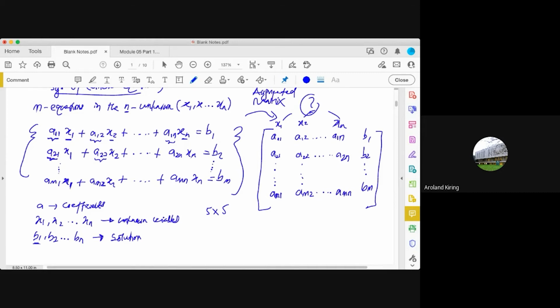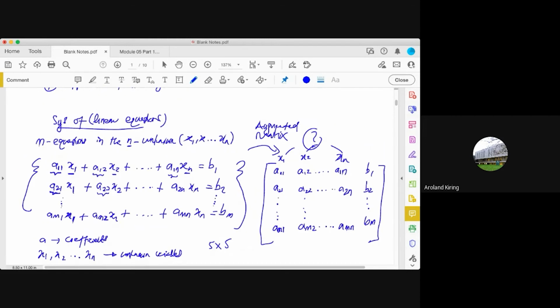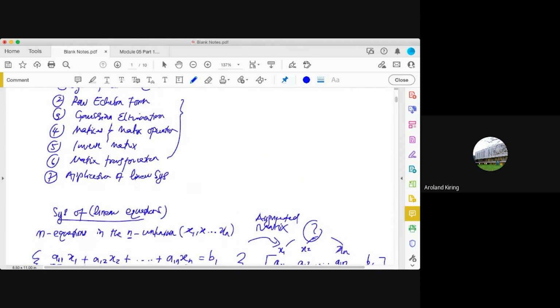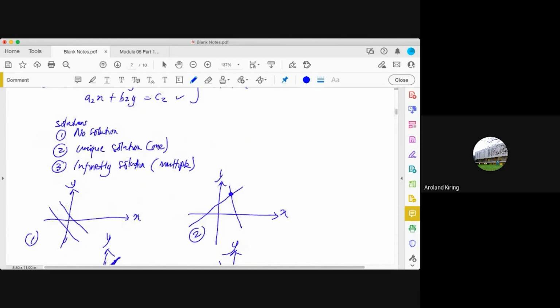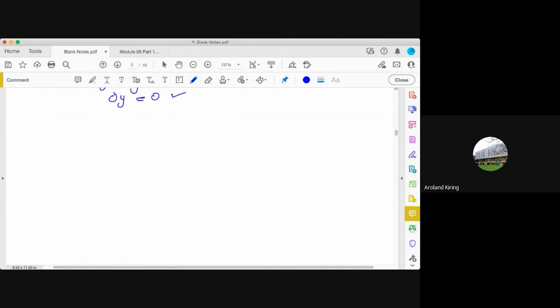But before we find these values, we need to put our system of linear equations into an augmented matrix. Once we put it into an augmented matrix, we can use certain methods, such as the Gaussian elimination method. Let me give you an example.